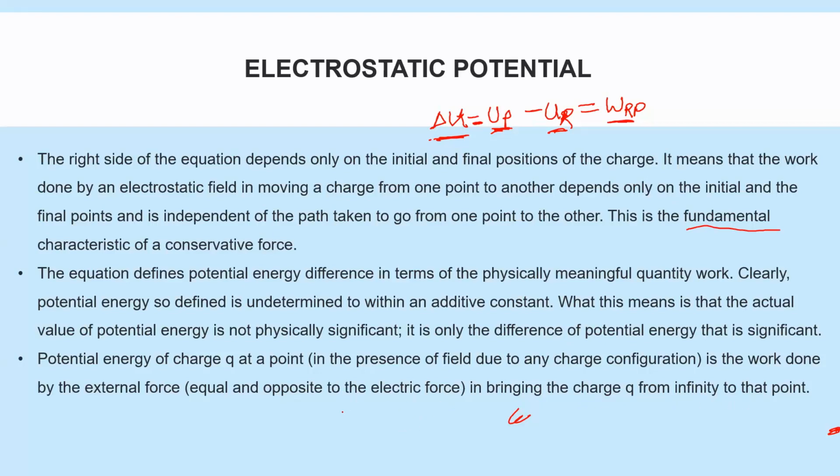So suppose you consider that your point is at infinity. Suppose from infinity you're bringing it to point P. Your work from infinity to P is going to be the potential energy that is stored in the charge Q at the point P itself.